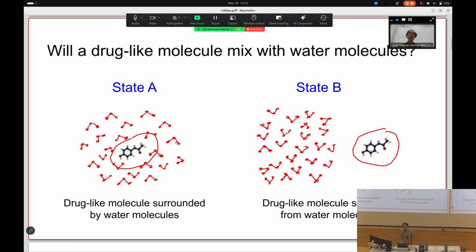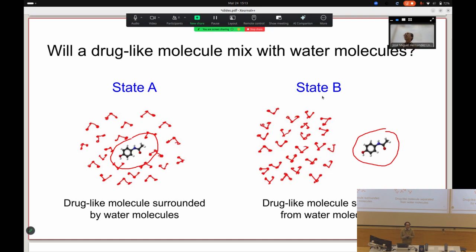We might be interested in knowing if this molecule is going to be happy to be mixed in an environment with water molecules. We are going to call this state A. The molecule is happy to be with water molecules, or it could be that the molecule doesn't really like to mix with the water molecules, and it's not going to get surrounded by them. And we are going to be in state B.